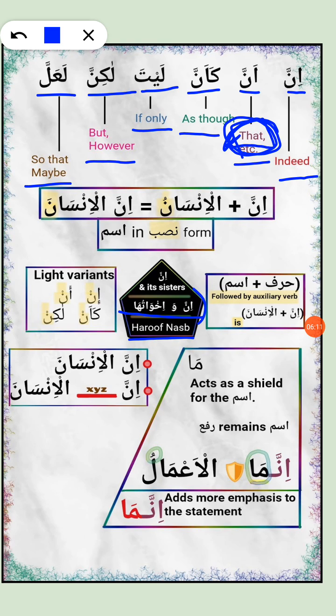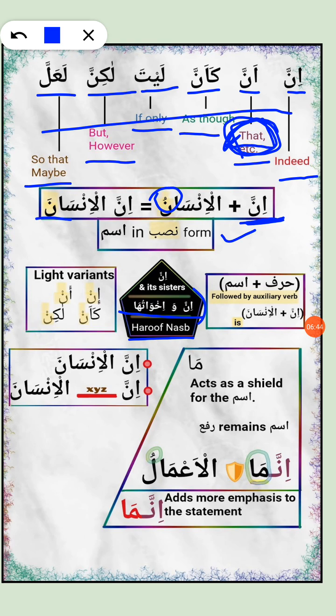First of all, we have this definition that they cause their ism to be in nasab form. So you have your inna, or technically any harf out of these six. When you add them, or make a fragment with some other ism, for example here al-insanu, as you can see, rafa, once inna or any of these haruf gets added to them, it becomes innal insana.